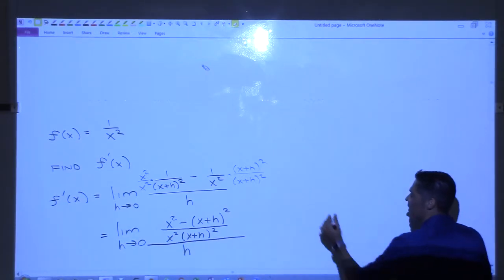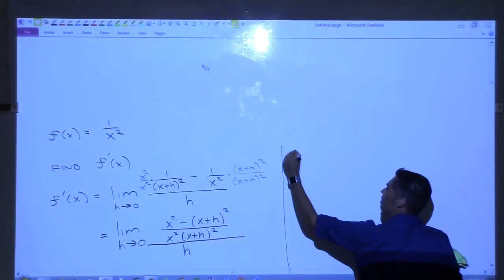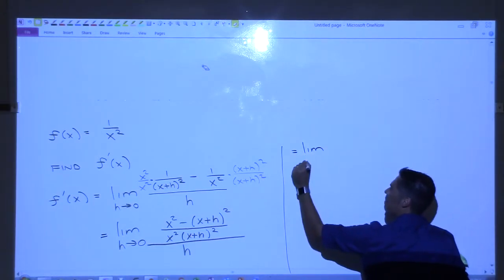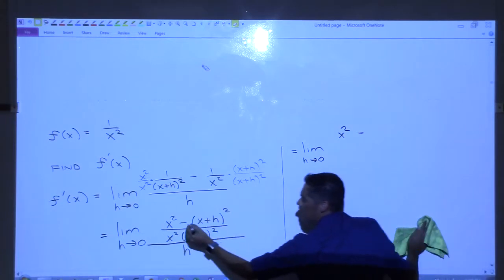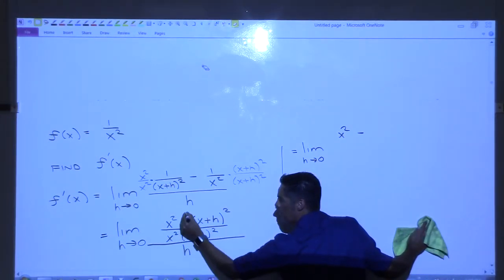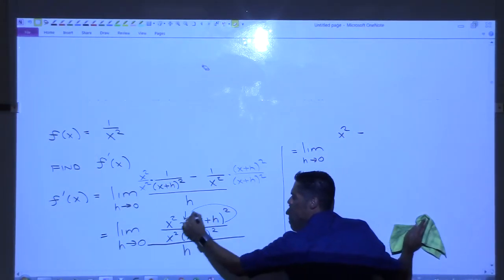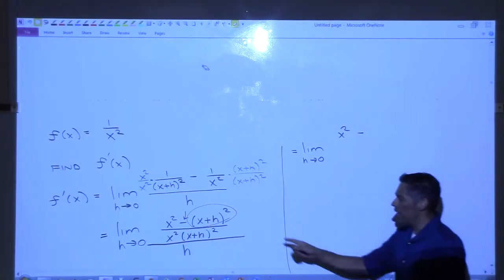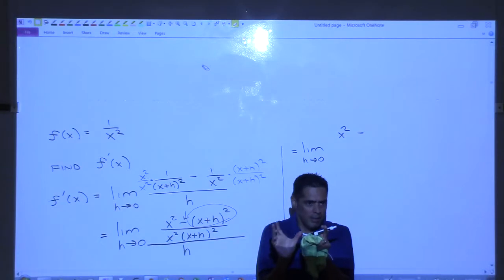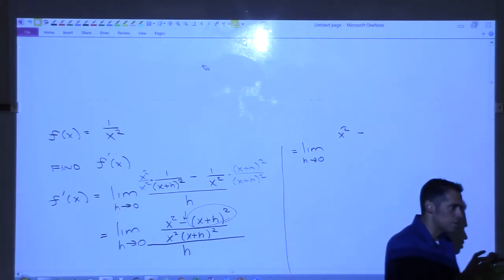So you got to pay very careful attention here to your expanding. I have a minus sign here, right? That minus sign right there is going to impact everything that we get when we expand that. So the expansion of x plus h squared, right, is x squared plus 2xh plus h squared.